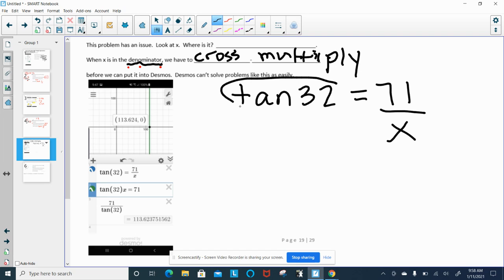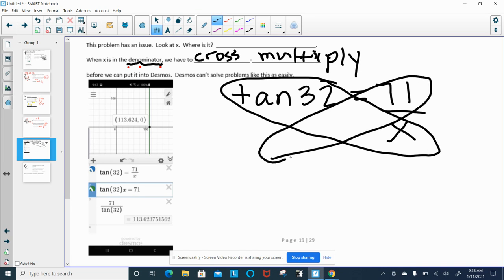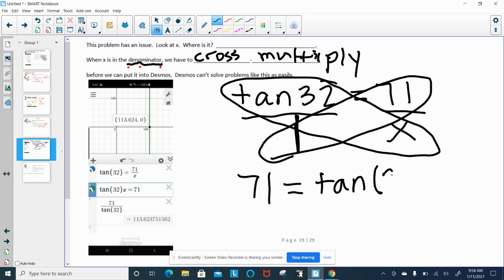So what we do is we cross multiply and we cross multiply. So this is really like a 1. So 71 times 1 equals tangent of 32 times x.